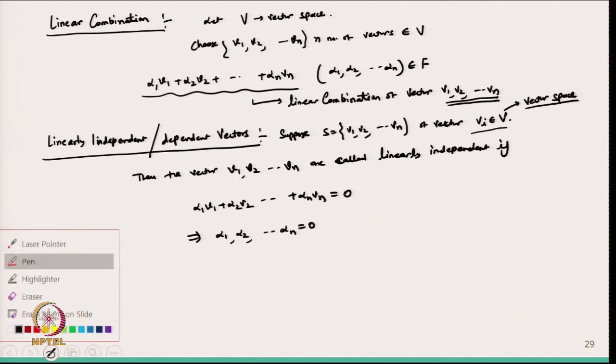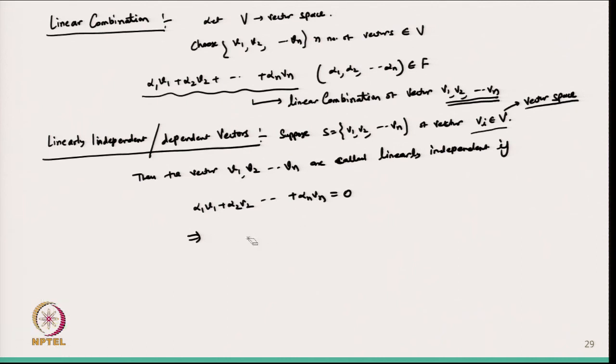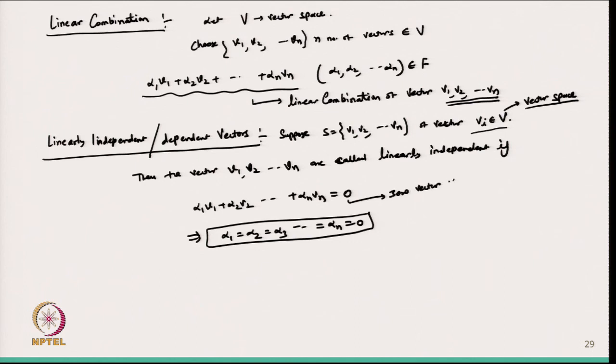Or I can elaborate: alpha 1 is equal to alpha 2 is equal to alpha 3 is equal to alpha n, all are 0. In this case the 0 on the scalars means scalar 0, and this other 0 is the zero vector, which belongs to the given vector space V.